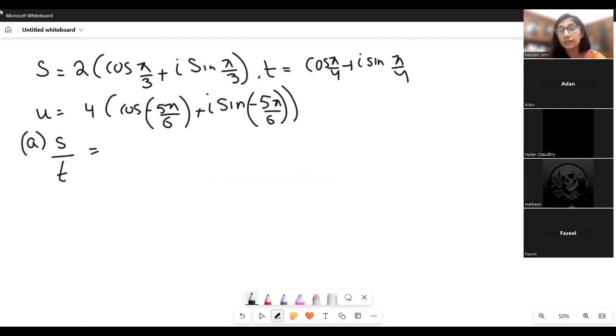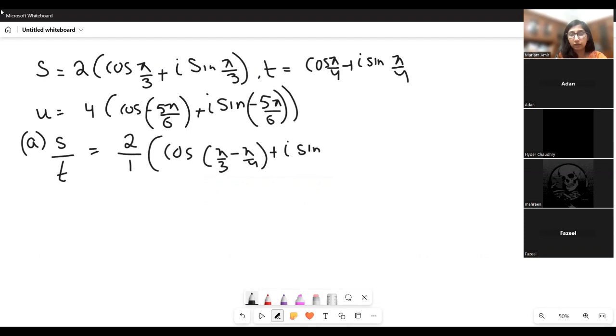We divide their R's. So R for S is 2 and R for T is 1. So 2 divided by 1. And then inside we subtract their theta. So cos pi by 3 minus pi by 4 plus iota sine pi by 3 minus pi by 4.